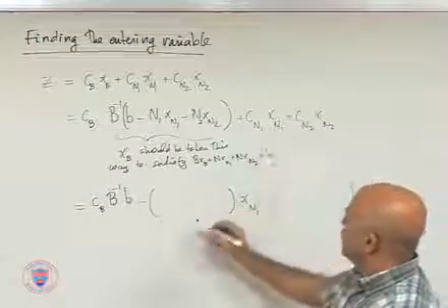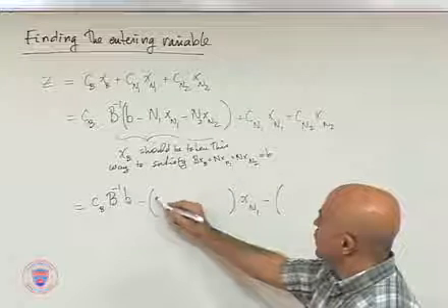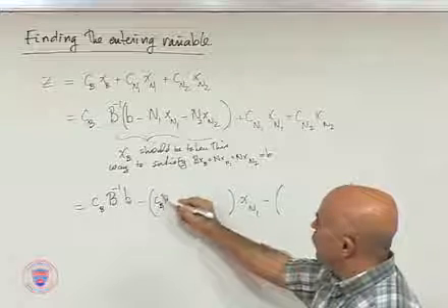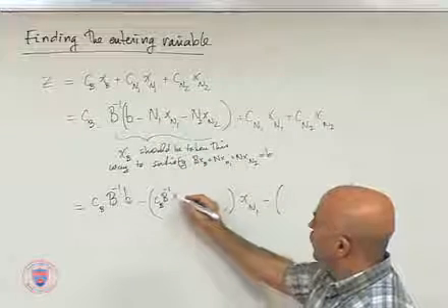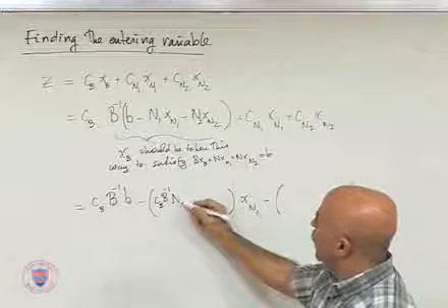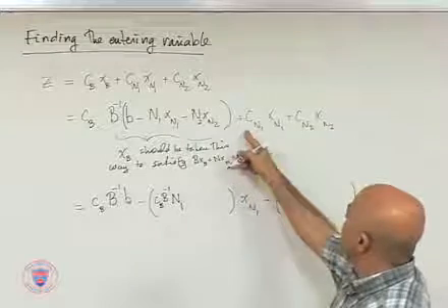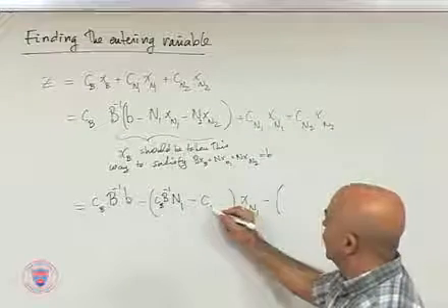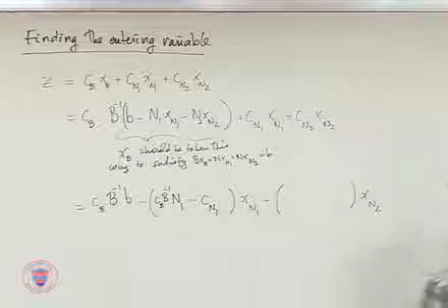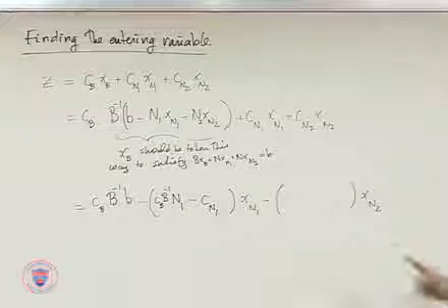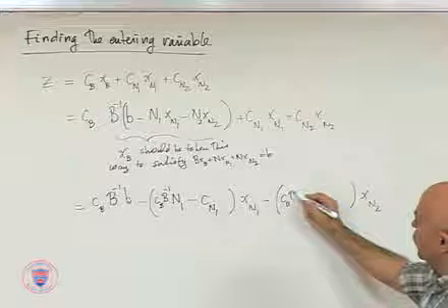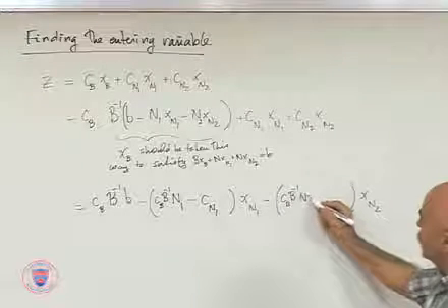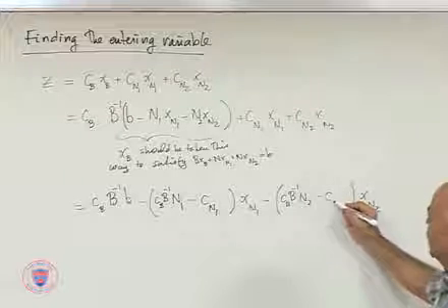CB B inverse n1 minus Cn1. Yeah, that's your multiplier for xn1. For the second one, of course, we have something similar: CB B inverse n2 minus Cn2.